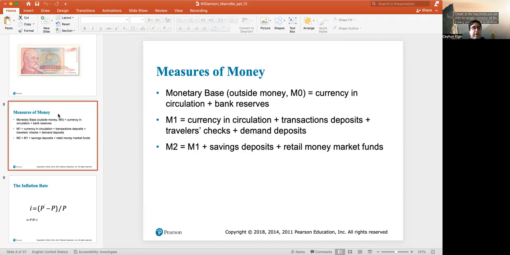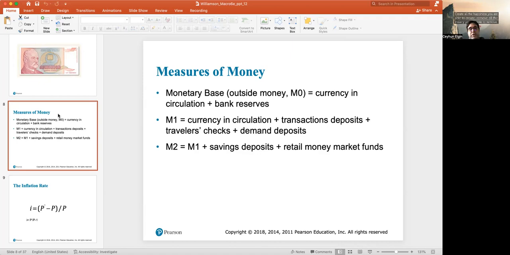This is called monetary base, or sometimes outside money, or sometimes it is denoted by the notation M0. It's all the currency in circulation in our pockets, plus in the vaults of banks, physically printed money. Or coined money. Coins also are part of it.